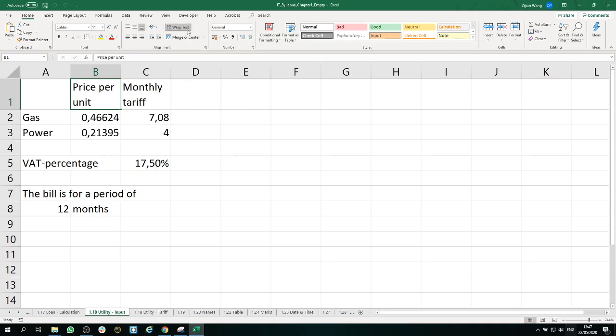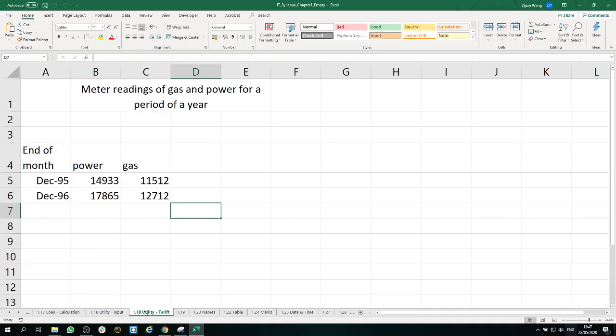So that's the wrap text, and we also used the wrap text and also merge and center functions in the tariff sheet. You see here the B1 to E1 are actually merged into one and everything is centered. And of course we use the wrap text.